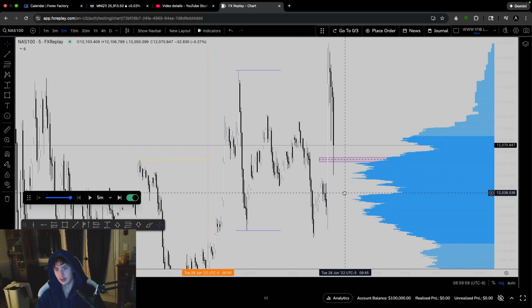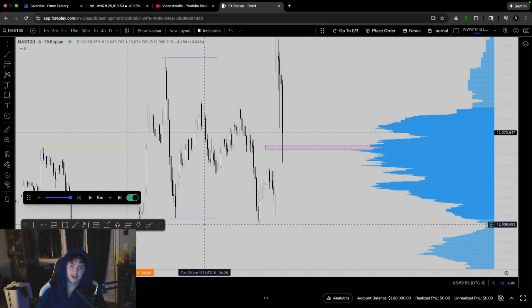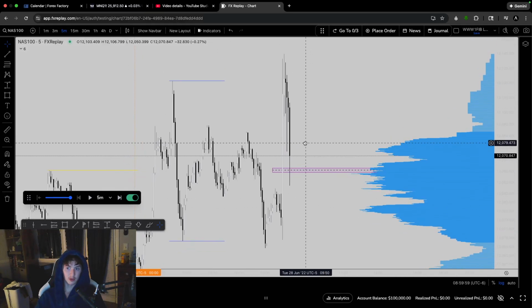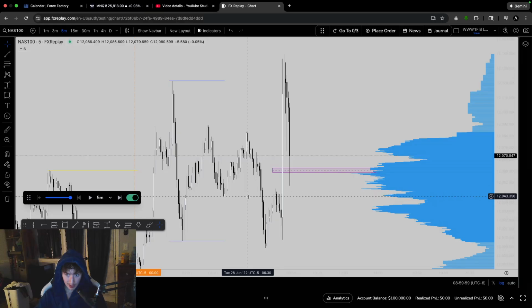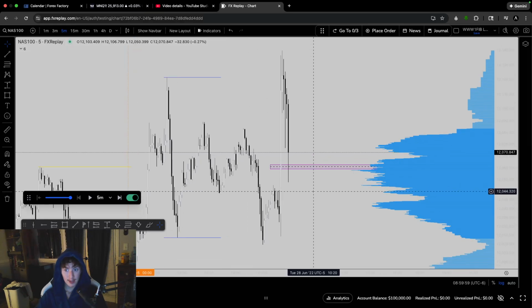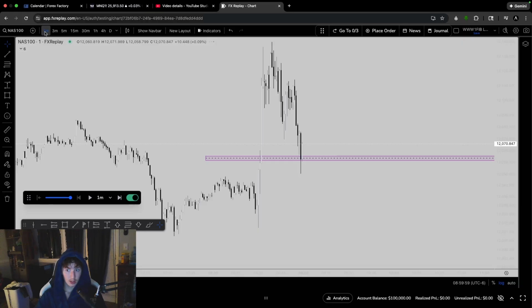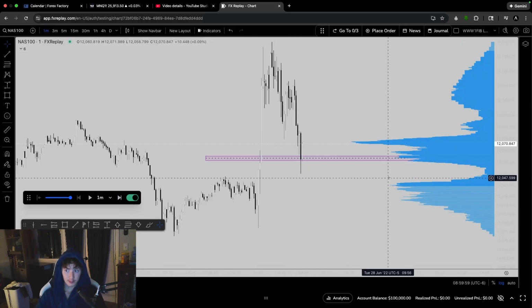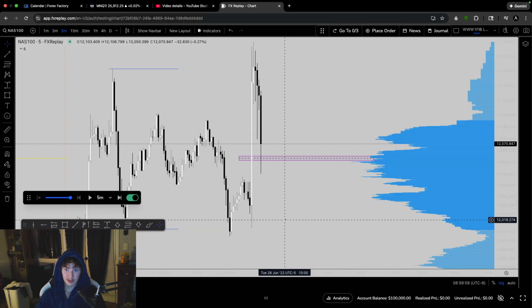We can go ahead and log out of that. It looks like there really isn't a low volume node. Plus, we just swept this, but there is a 5-minute gap, and I would expect price to come and fill this 5-minute gap. It's also a 5-minute gap right here, and then possibly go higher. It's already tapped into this 5-minute gap. To be honest, this low volume node is looking pretty good.